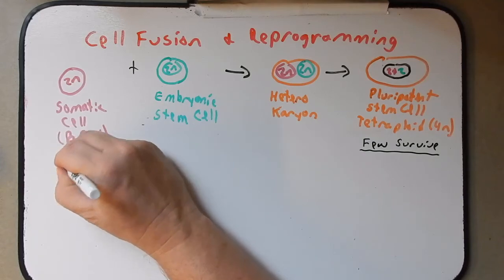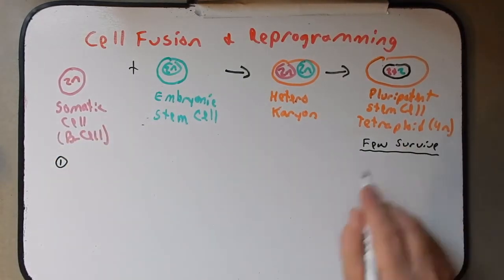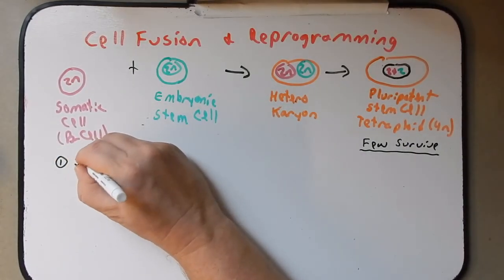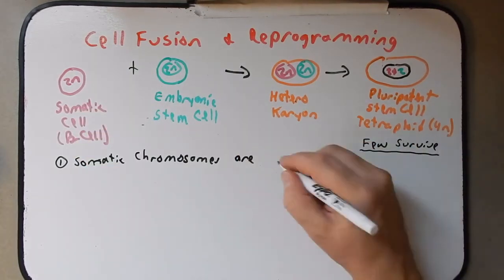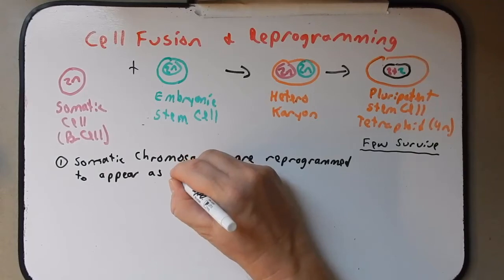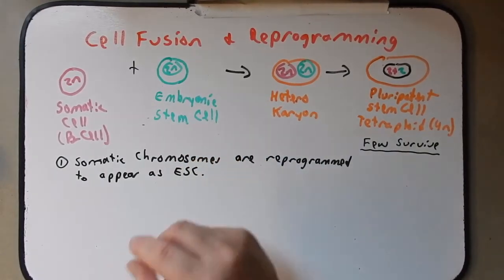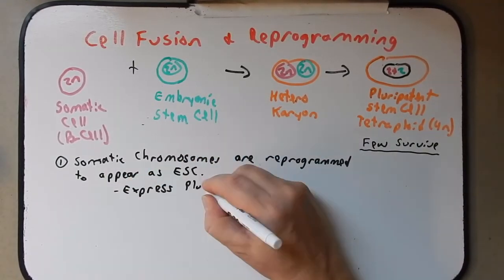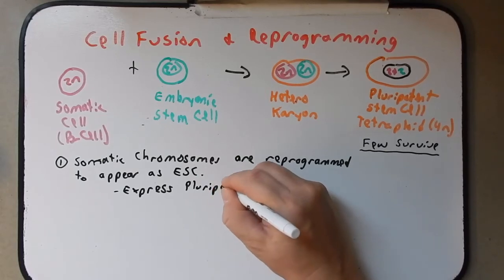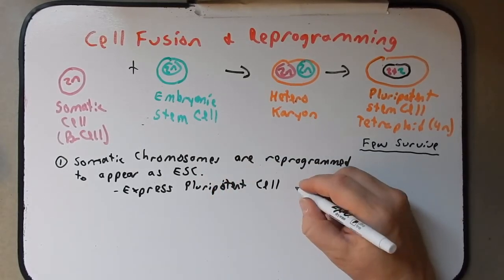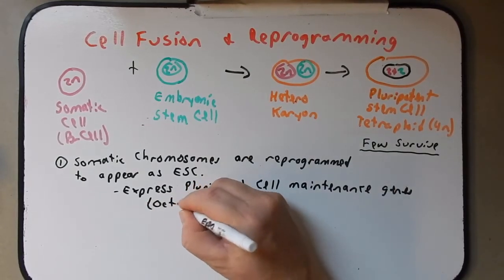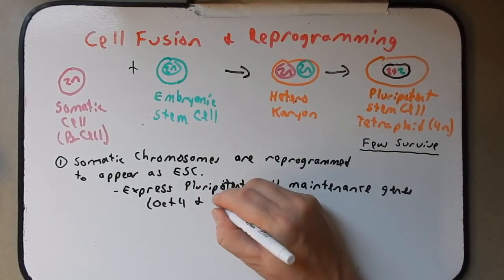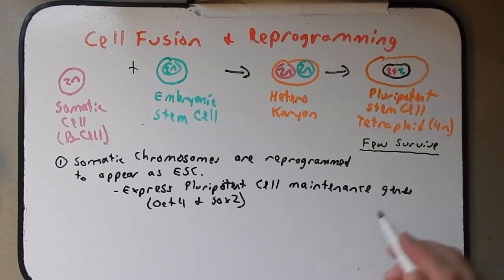And more interesting is that the ones that survive, the somatic chromosomes, those that came from the B cell, are reprogrammed to appear as embryonic stem cells. Mainly, they express pluripotent cell maintenance genes like OCT4 and SOX2, as well as other genes important to maintain that pluripotent state.